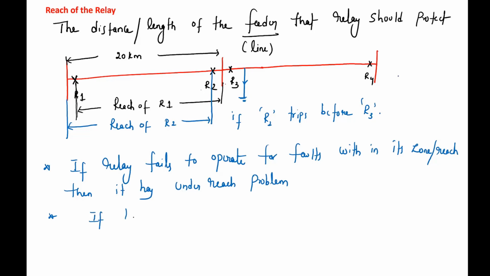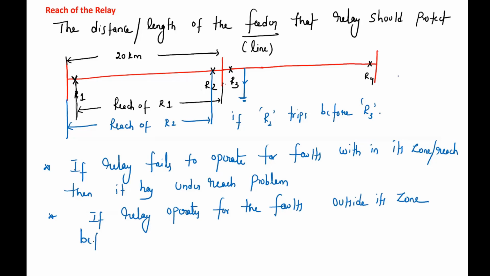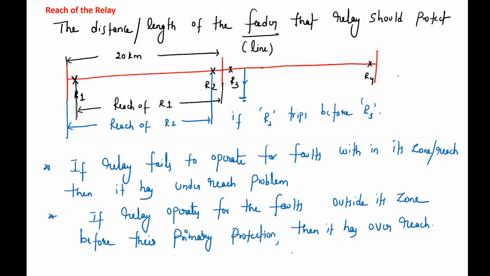If a relay operates for faults outside its zone before their primary protection, then it has an overreach problem. Understood?